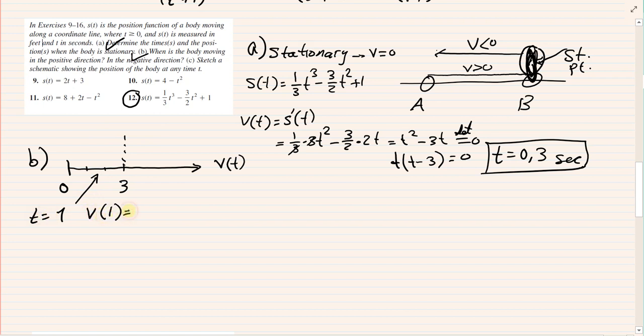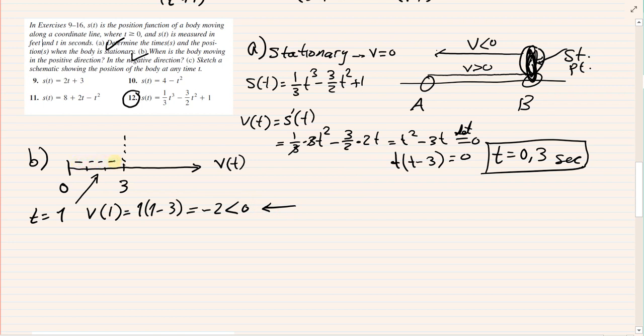Velocity at 1 is going to be 1 times (1 minus 3), and that's going to be negative 2. Negative 2 is less than 0, so it's moving to the left, which means velocity is negative.